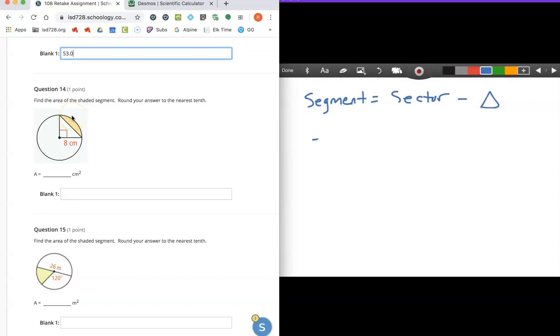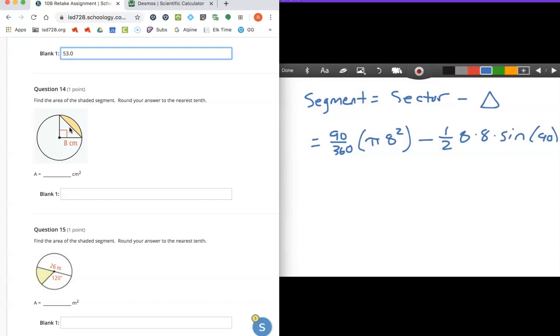All right, so here's how these work. The sector is how many degrees out of 360. This box means 90, so we have 90 out of 360 times pi r squared. R is 8. Minus the triangle formula we did before, 1/2 bc sine of A. So we have 1/2 times 8 times 8 times sine of the angle, which is 90.